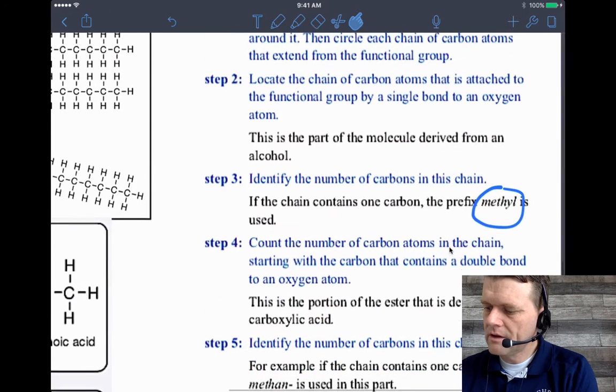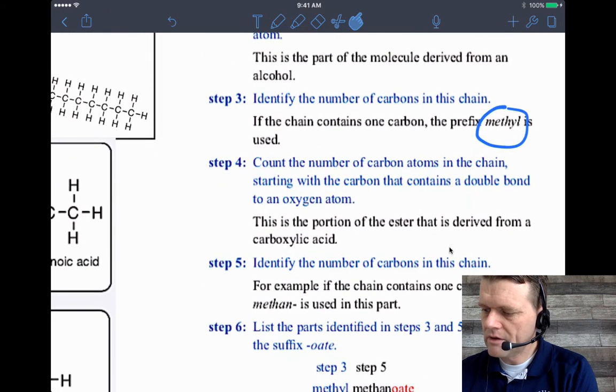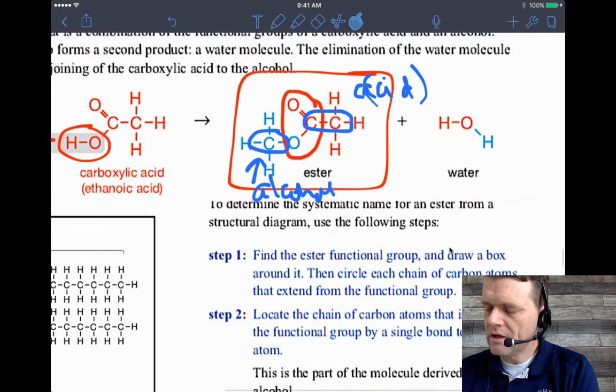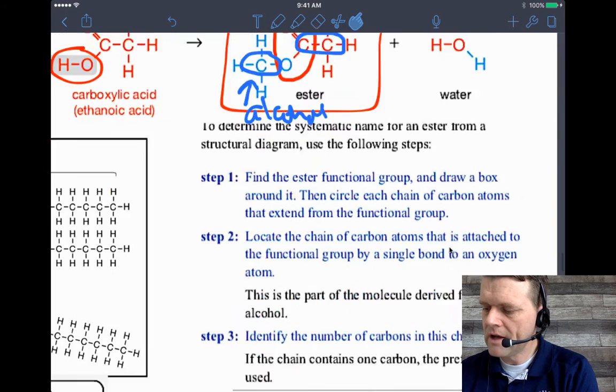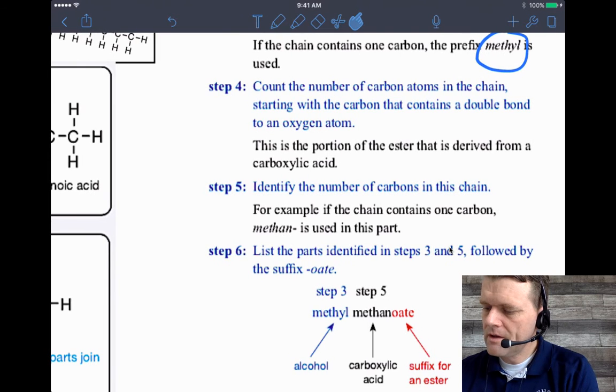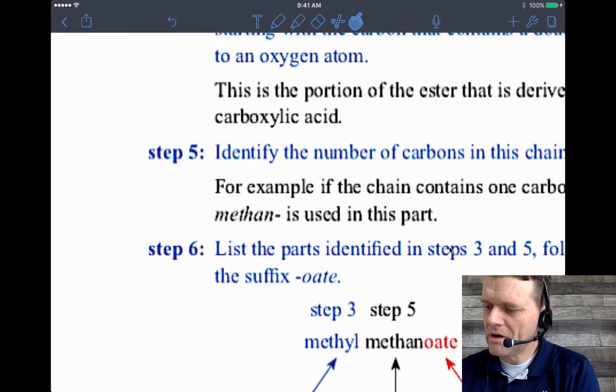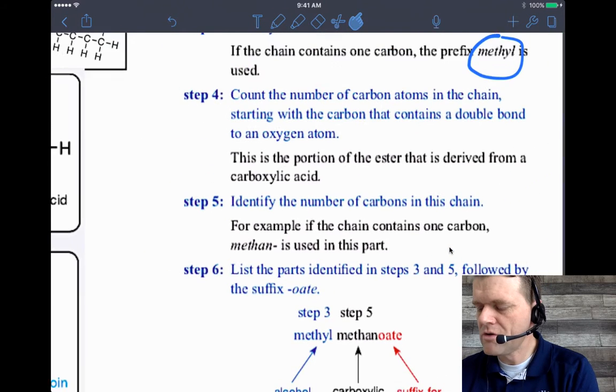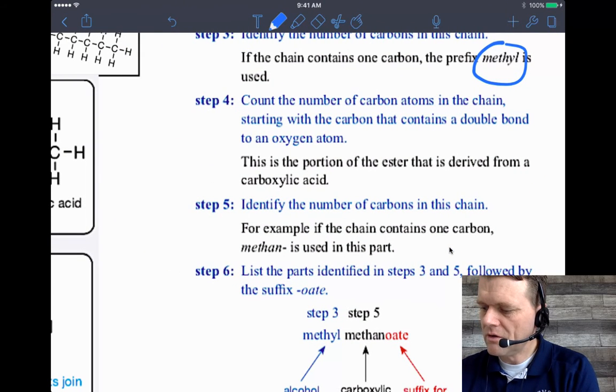And then to name the second part, you count the number of carbons in the acid part. So in this case up here, there's two. You can see that. So then in step 5, it says if it contains one carbon, we use methane. Well, we're using the example above, so that's actually going to be ethane.